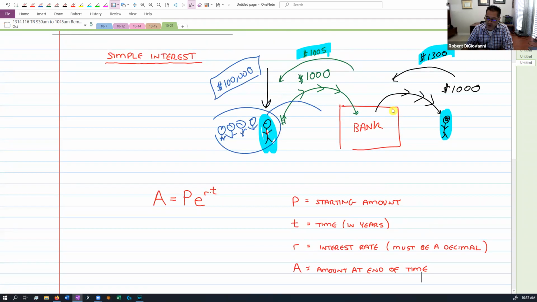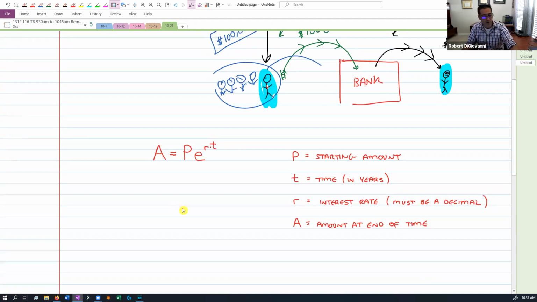So for example, if I take money and I put it into the bank and I leave it in there for a while, let's say 2 years, and I come back and say, okay, after 2 years, I want my money back. The A will tell me how much money I'll have, all right? The only other thing in the problem that I haven't accounted for is the E, but E is that special number. That's that 2.718. So we're never going to need to replace E with anything.